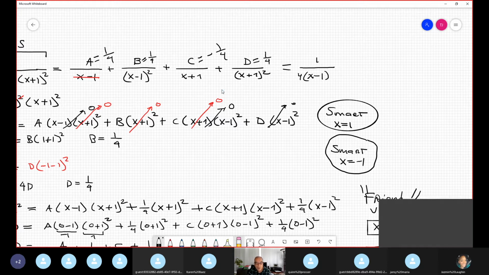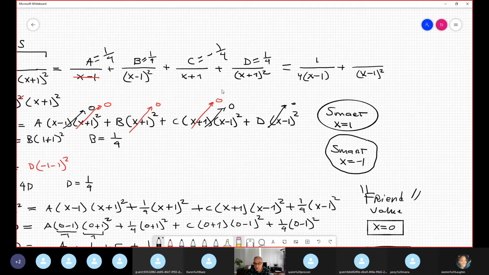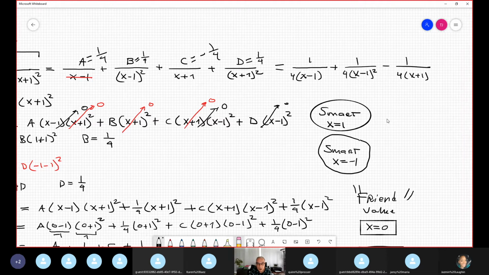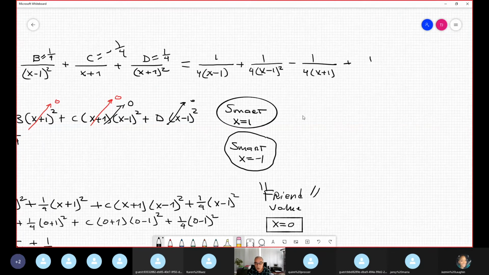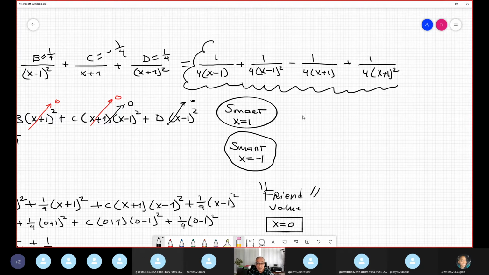Yes. Plus 1 over 4 times (x minus 1) squared. Minus, because the third one is negative, 1 over 4, (x plus 1). Plus 1 over 4 times (x plus 1) squared. And this is my final answer in algebra.